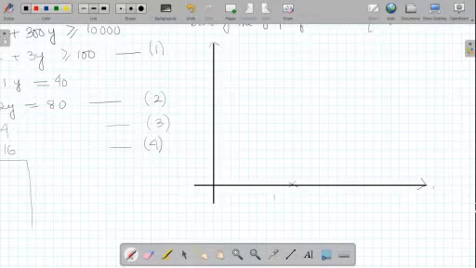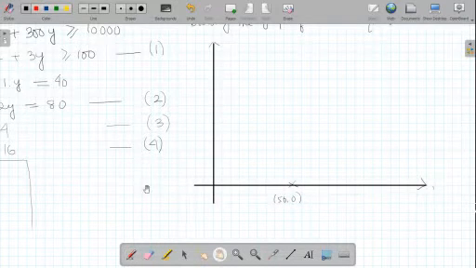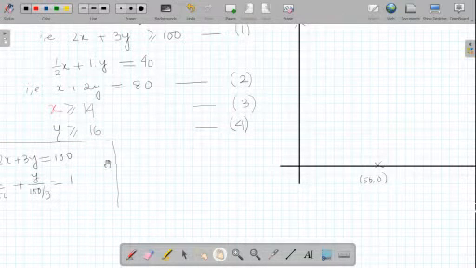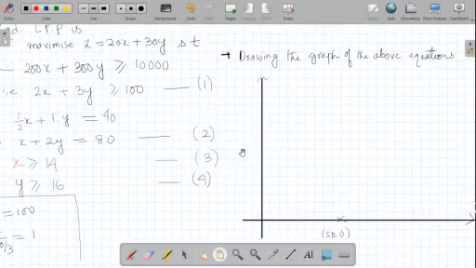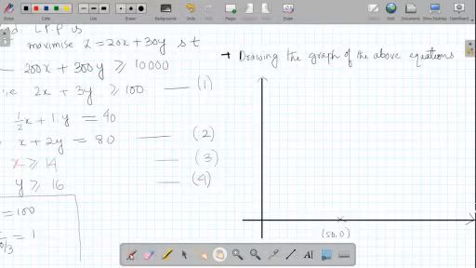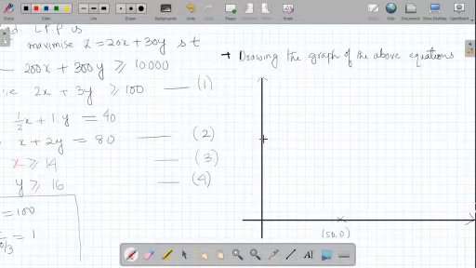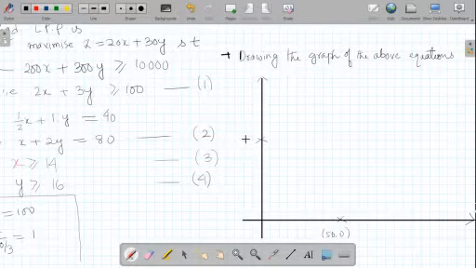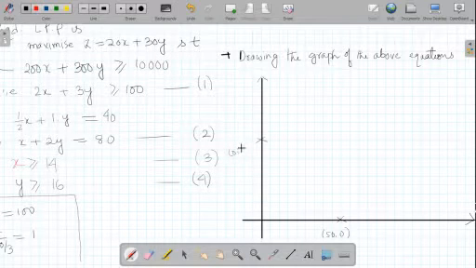Y is 100 by 3, that means 33 point something. Exact value, just a quick assumption. So this will be 0 comma 100 by 3, and then join the 2 points.